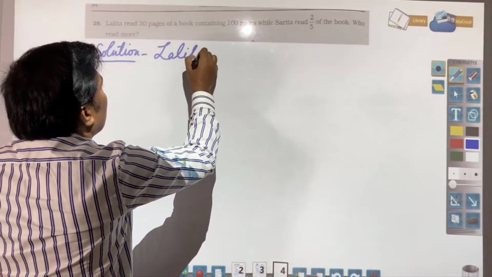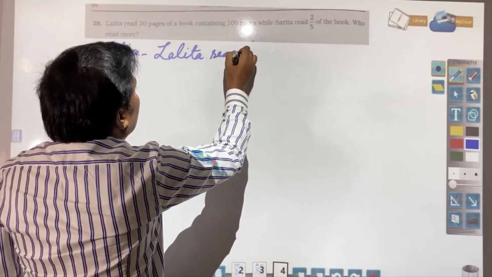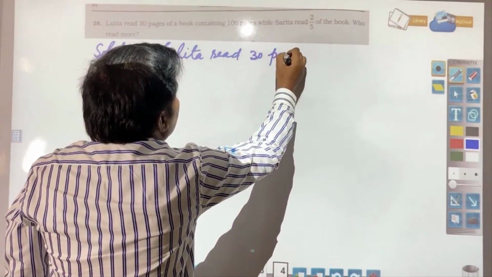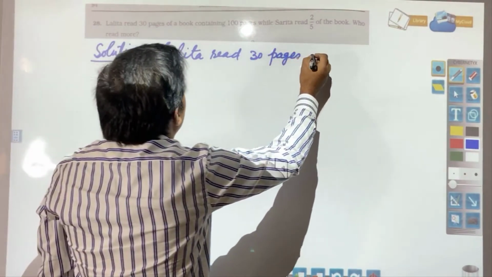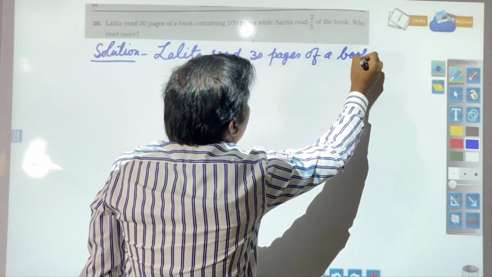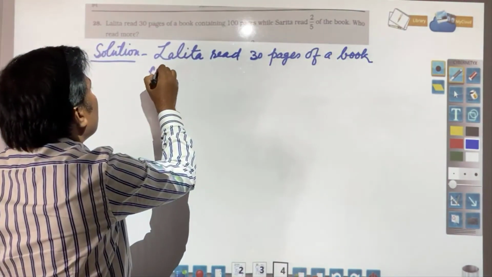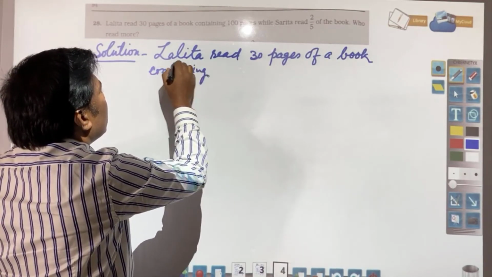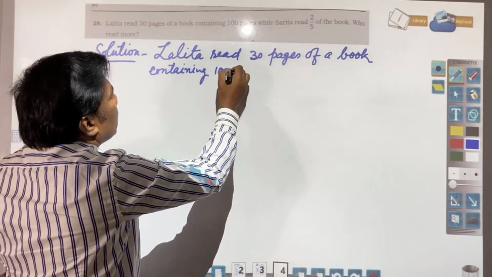Lalita read 30 pages of a book containing 100 pages.